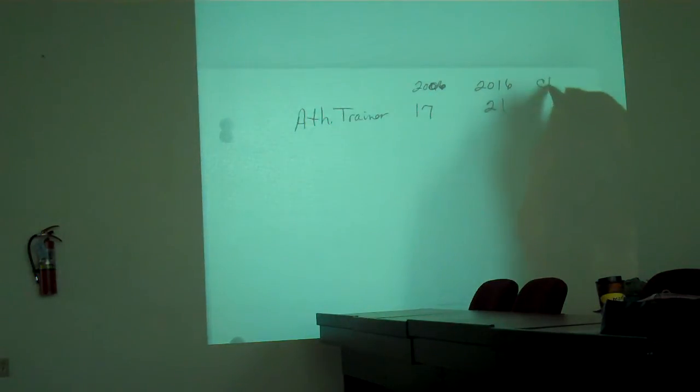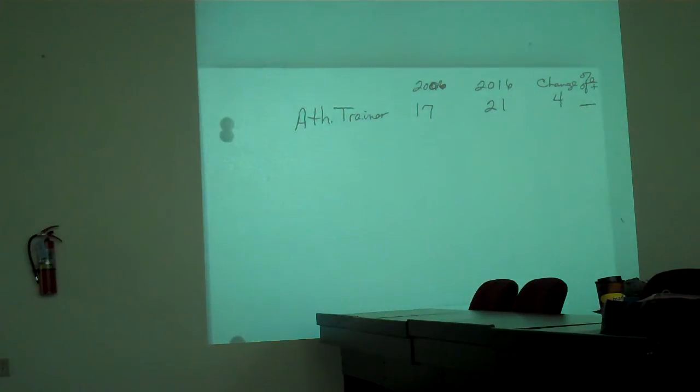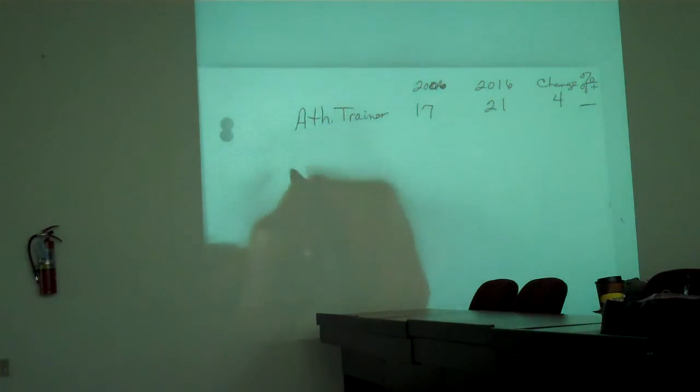So the change was 4. And it wants you to figure out the percent of increase. Okay. What you need to do for percentages, for the percent of increase, is you need to do the change over the original number.